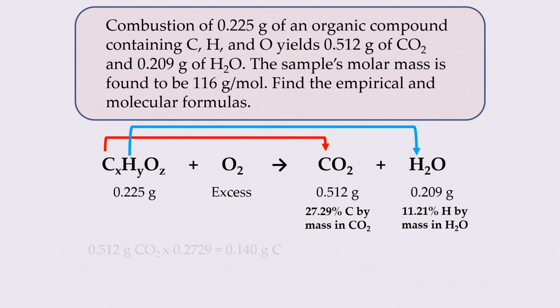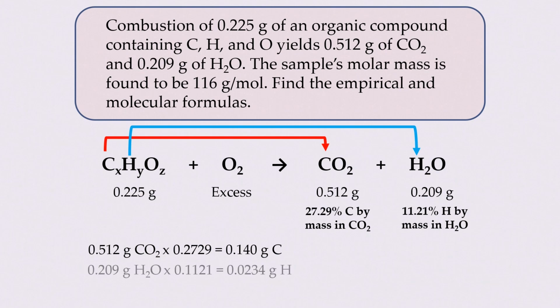Multiply the carbon dioxide mass by 27.29%, or 0.2729, and multiply the water mass by 11.21%, or 0.1121. The masses for carbon and hydrogen are 0.140 grams and 0.0234 grams respectively. These are the masses of carbon and hydrogen that came from the original sample.